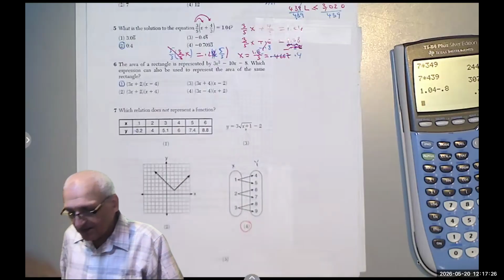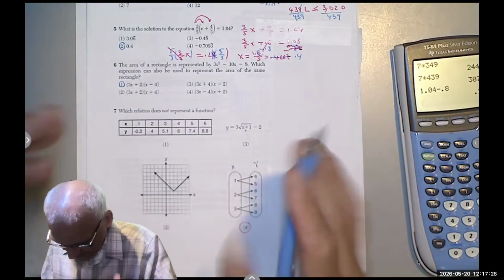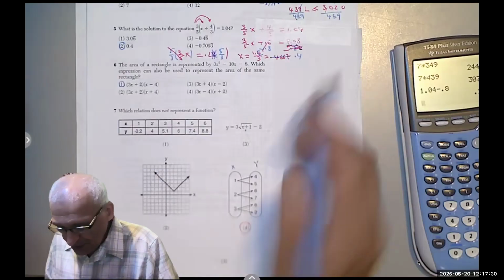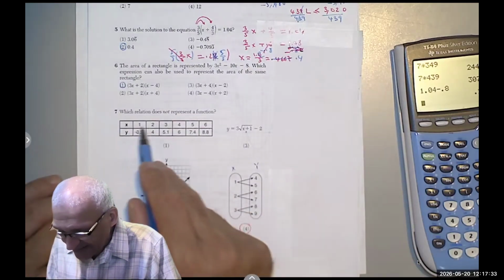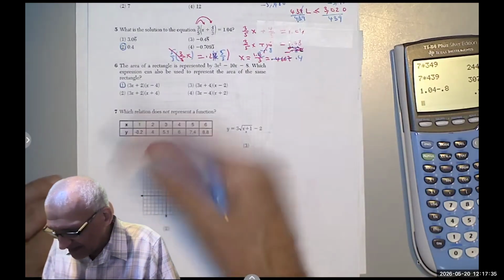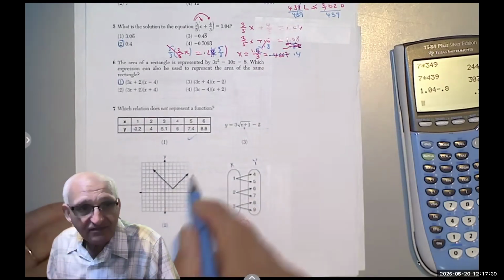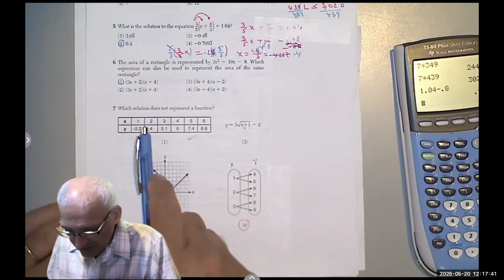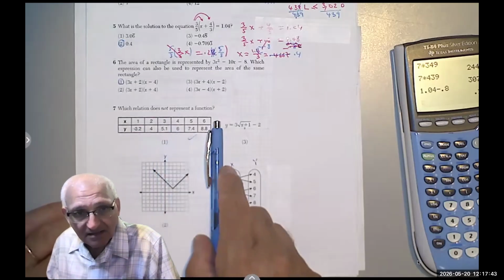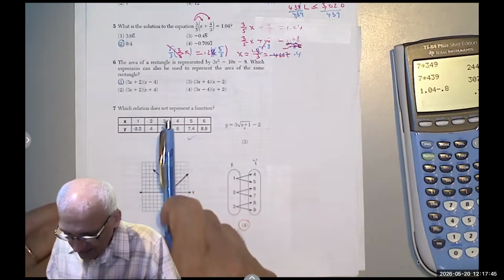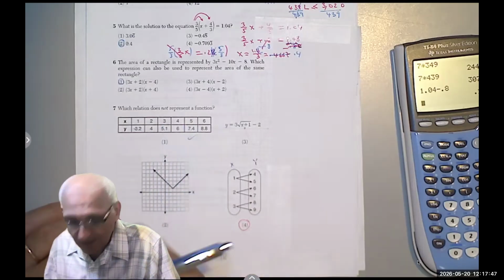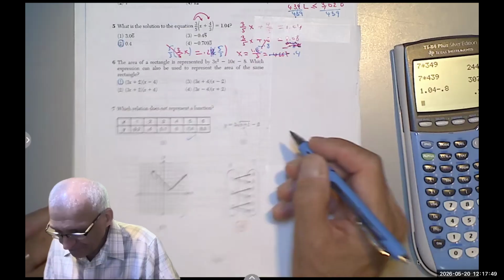Which relation doesn't represent a function? If you have a table, you look at any value of x that repeats. If none of them repeat, then this is okay. Okay? If you have a graph, you use the vertical line test. No line intersects the graph in more than 1 point, so that's okay.